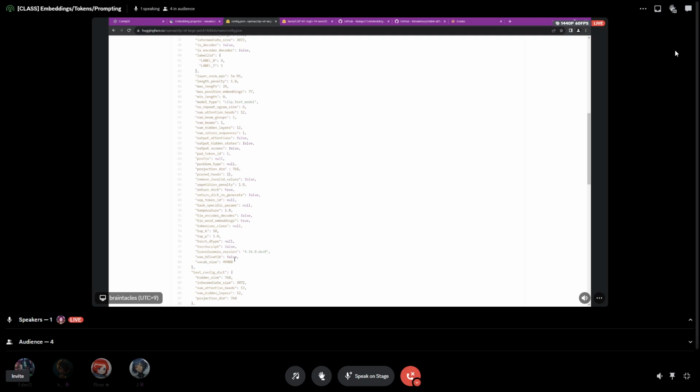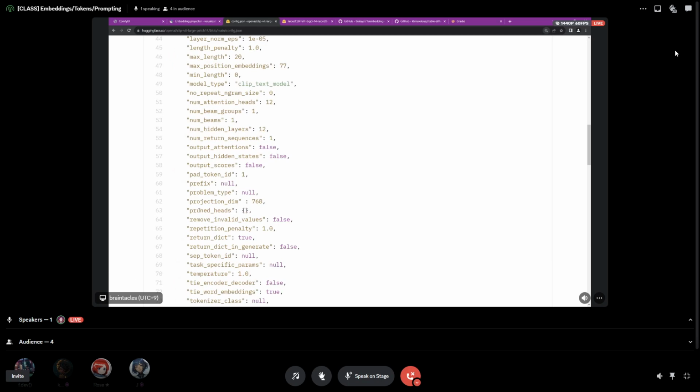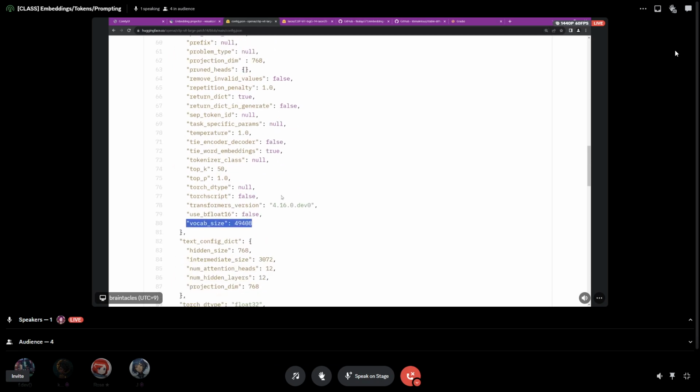There you go. Vocab size 49,408 vocabulary. That's how many words this clip knows. Can you read? I'm going to put this a bit bigger. So the base clip model, that's how many words or tokens it knows.